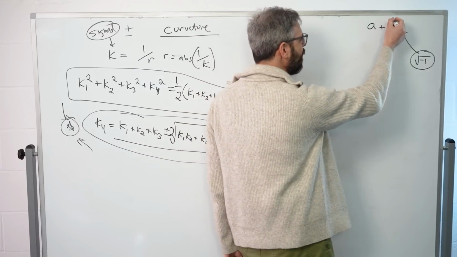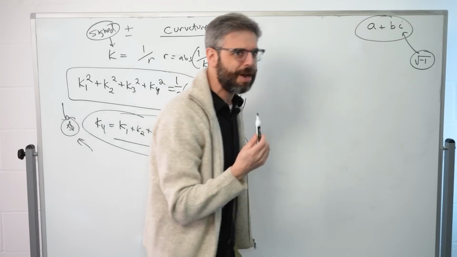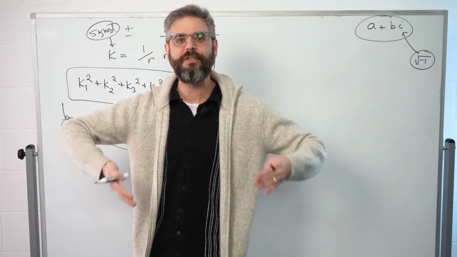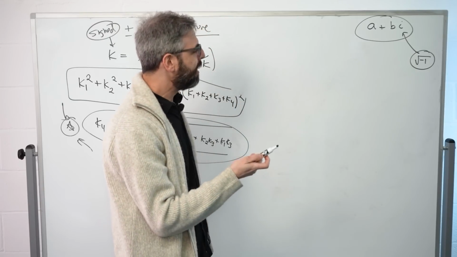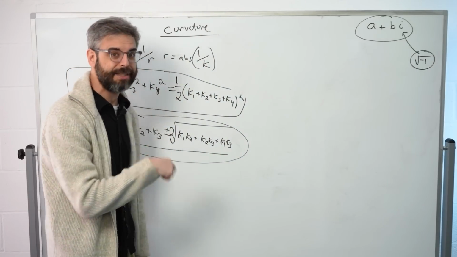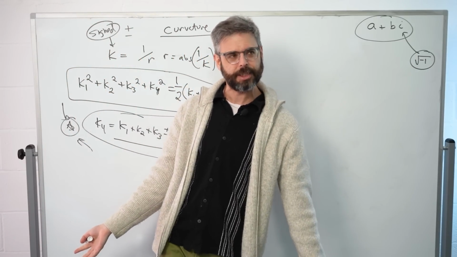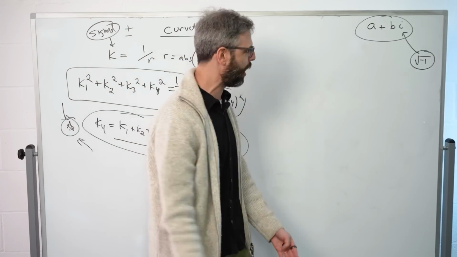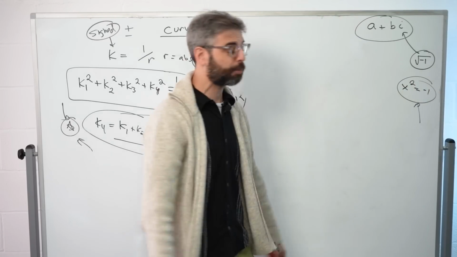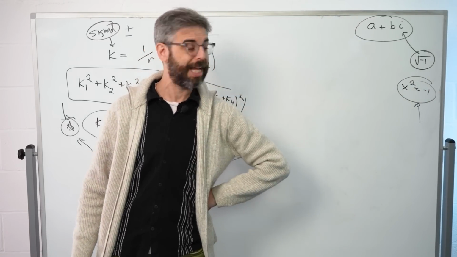This is very much a number, a kind of number, incredibly important in all sorts of applications of mathematics. And it is necessary when solving certain kinds of polynomial equations, especially if you've got something like x squared equals -1. How do we express the solution for an equation like that?